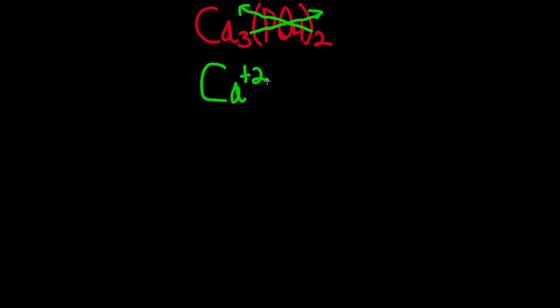I'm good with that because calcium on my periodic table is in group 2 and it's a metal, so it's going to have a +2 charge. And I'm going to have this guy over here, PO4, with a -3 charge since it's an oxyanion. And I look at my oxyradical chart and I see that PO4 -3 is in fact on there. It is a base state. In fact, it is called phosphate.